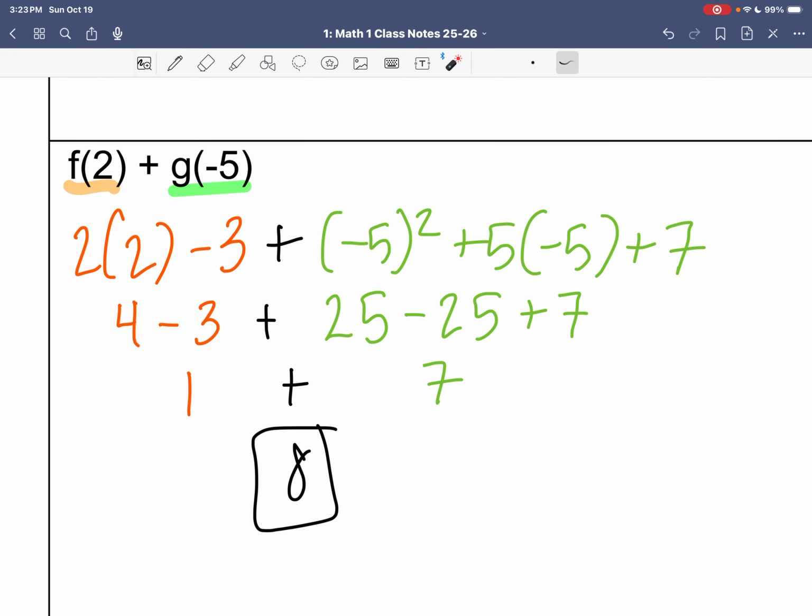Then we're going to do g of -5, so wherever we see x, we're plugging in -5. And then don't forget, you're adding both of them together at the very end. So f of 2 would be 1, and then g of -5 should be 7. But we're not done because now you have to add them both together. 1 plus 7 is 8.